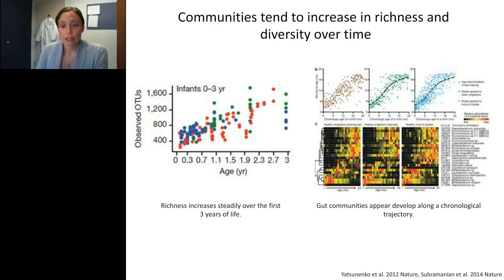When we look at children who are developing normally versus those who may be malnourished and falling off of the regular growth charts, we find that the steady progression tends to be a consistent feature if one is healthy. But if one tends to be falling off of this track, it could suggest that the microbiome is serving as an indicator of malnutrition and poor development.